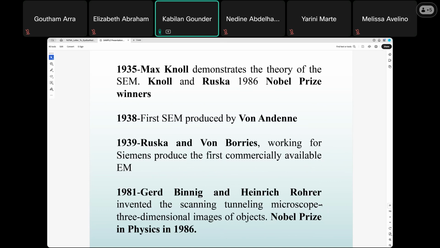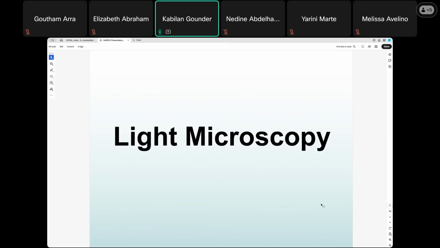And then in 1981, Binnig and Rohrer invented the scanning tunneling microscope, which gives three-dimensional images of objects. For that, they got a Nobel Prize in physics in 1986.